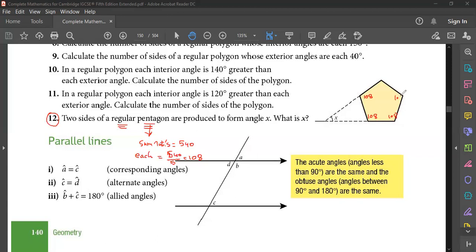The question says, two sides of a regular pentagon.